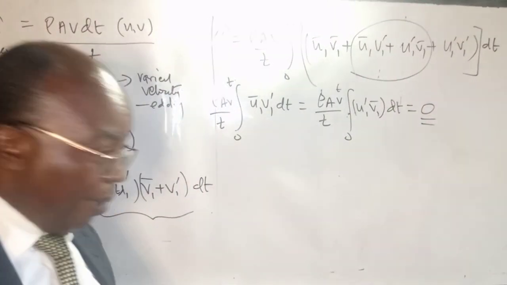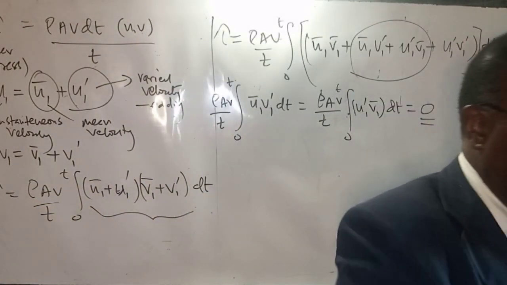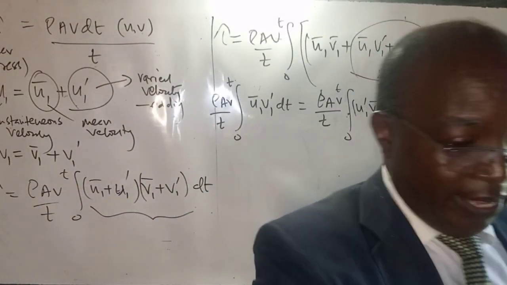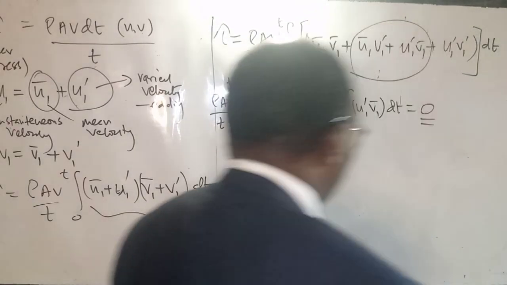That will be 0. Remember, we talked of the expected value is the mean value, and we're talking of the variations as a result of the velocity gradients, which are the eddies in the system, and those are 0.